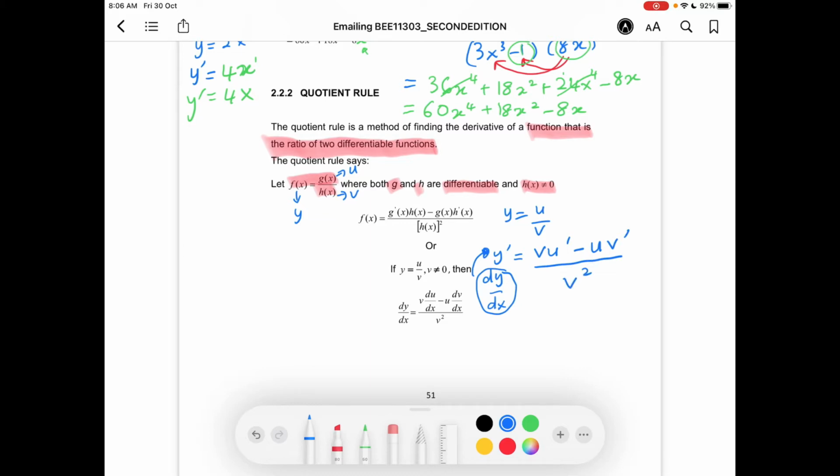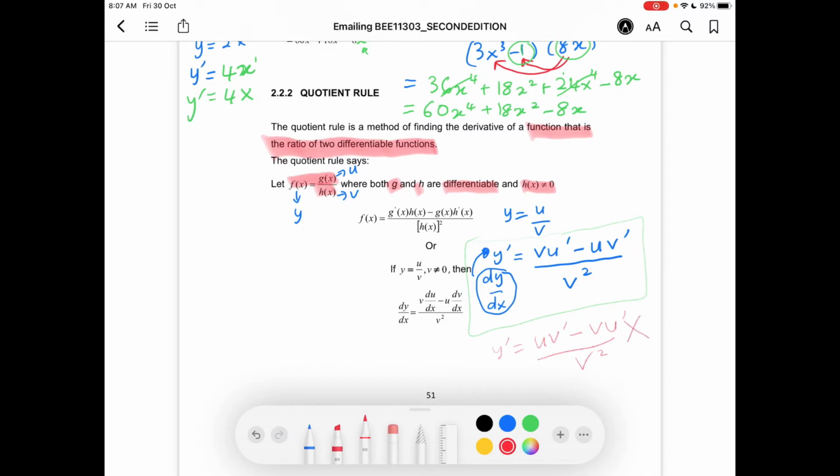Just a little reminder, it is important that you do not swap this. The formula says v u prime, not u v prime. So you can't write y prime equals u v prime minus v u prime over v squared.